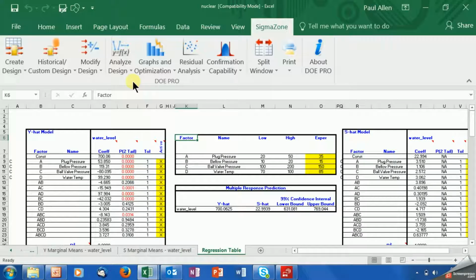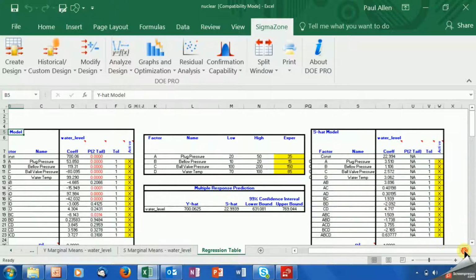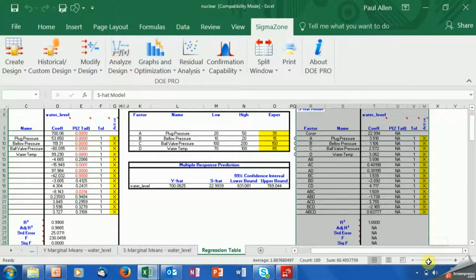Now, just a reminder for you, if you've used this software before, over here on the left hand side of the picture is the model to hit the mean, the model that moves the average around, known as the y hat model. Hat just means it's a predicted value, not an observed value. If I scroll over here a little bit, we have the S hat model.